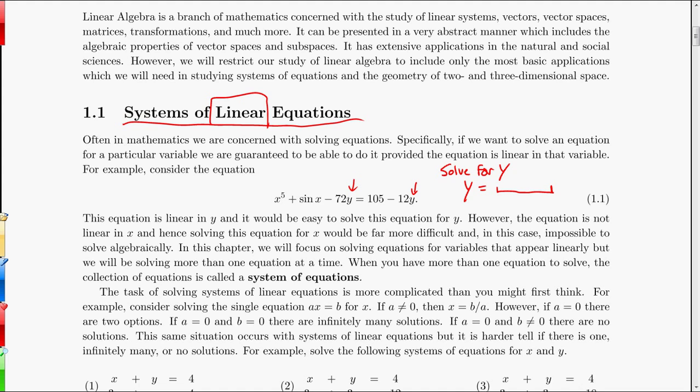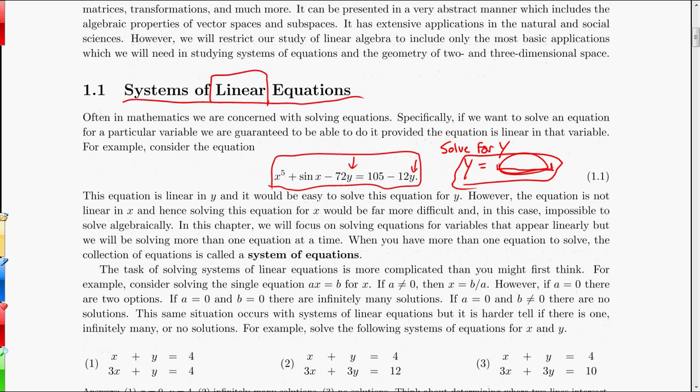So I'd get the y's onto one side, the x's and the constant to the other, and eventually I would be able to get y equals, and there'd be a bunch of stuff over here with the x's, sine x, x to the fifth, and 105. But you'd be able to solve for y, and the reason you can solve for y is because y appears linearly in this equation. So that's what we mean by a linear equation.